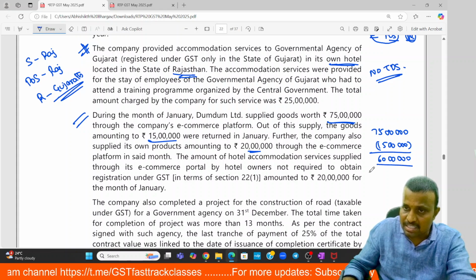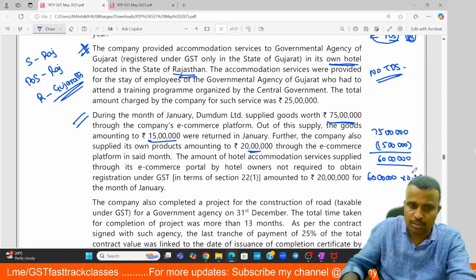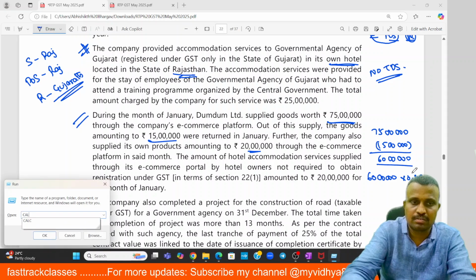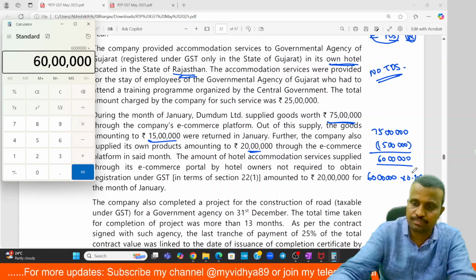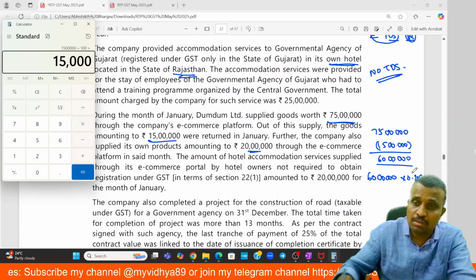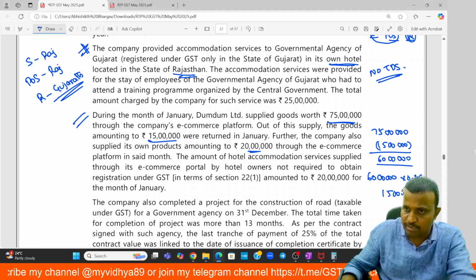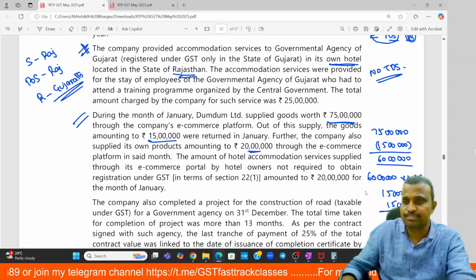So 60 lakh into 0.25%. How much amount? 15,000. So 15,000 CGST plus 15,000 SGST, and the total amount is 30,000.